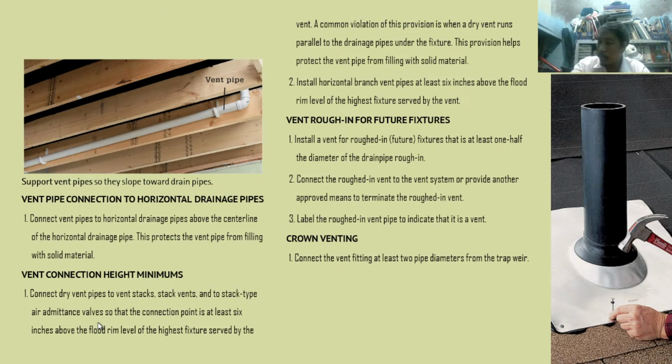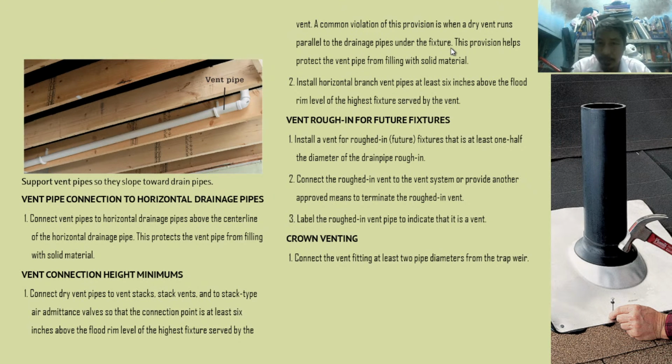So every fixture has its own flood rim level. For example, a lavatory has a flood rim level. A common violation of this provision is when a dry vent runs parallel to the drainage pipes under the fixture.